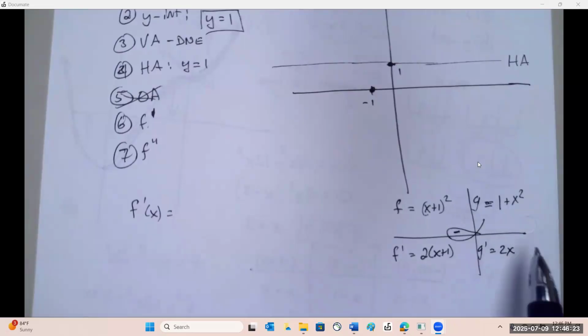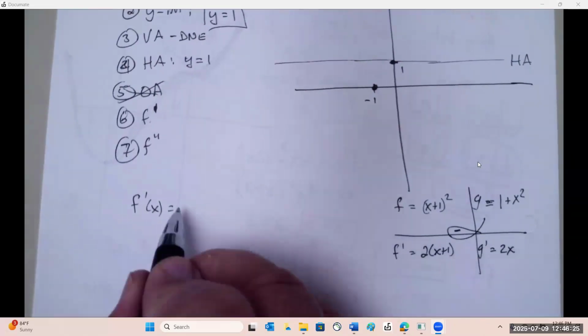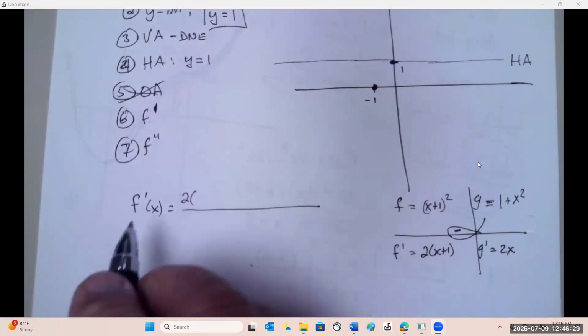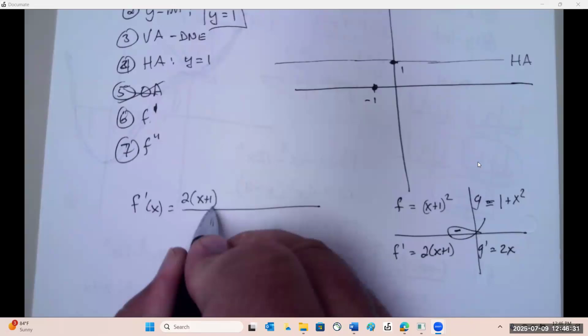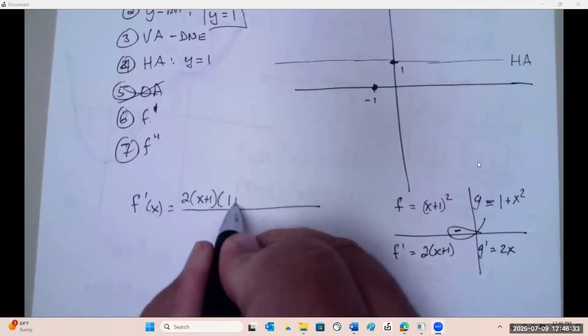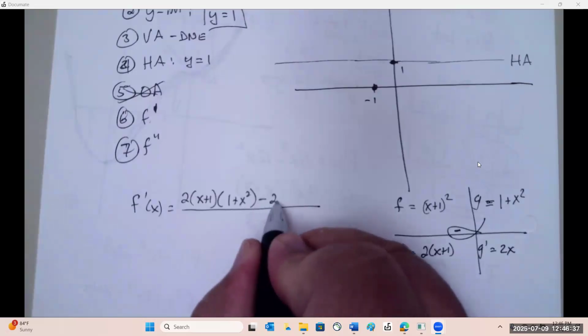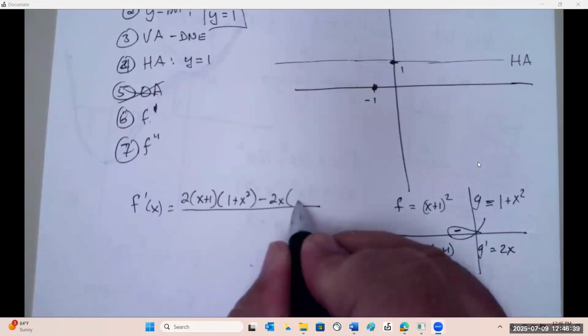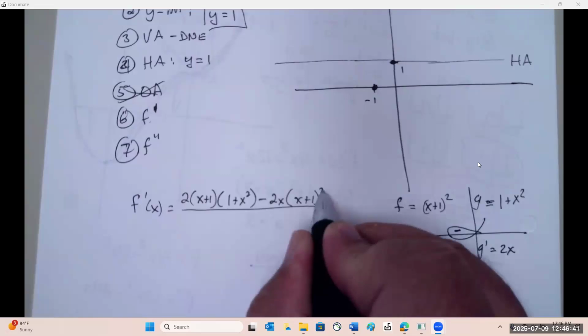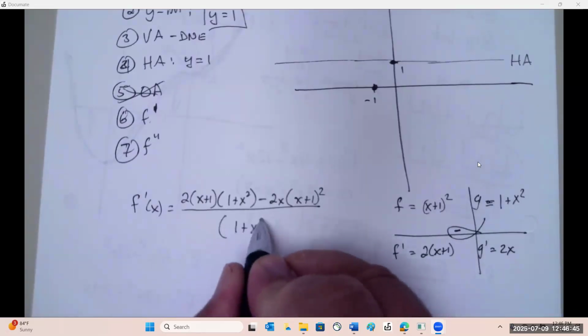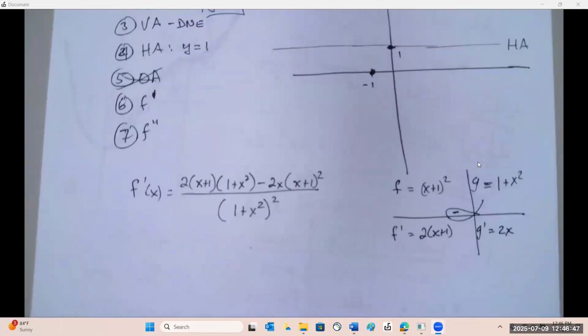Since it's a quotient, we subtract, so on top we have (2x plus 2) times (1 plus x squared) minus 2x times (x plus 1) squared, all over the denominator squared.